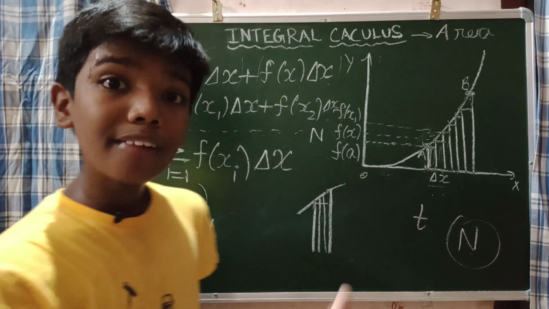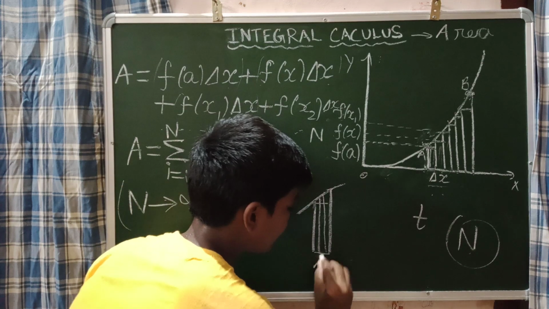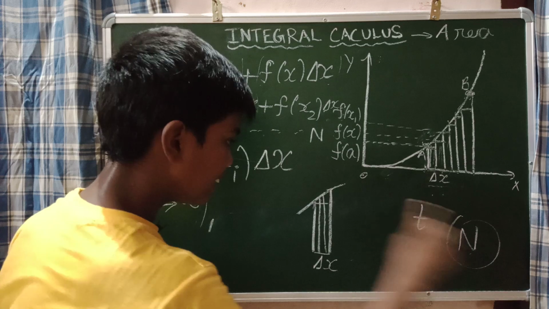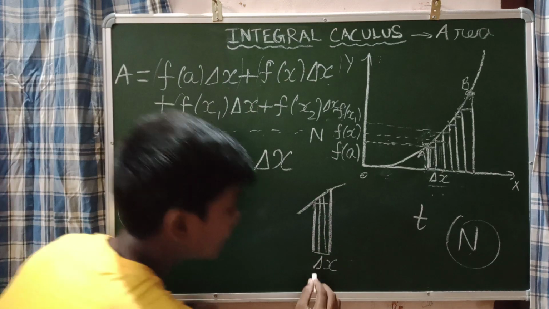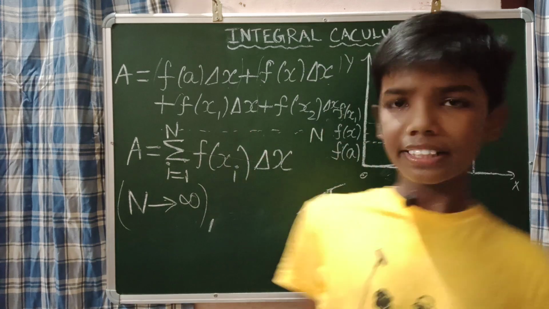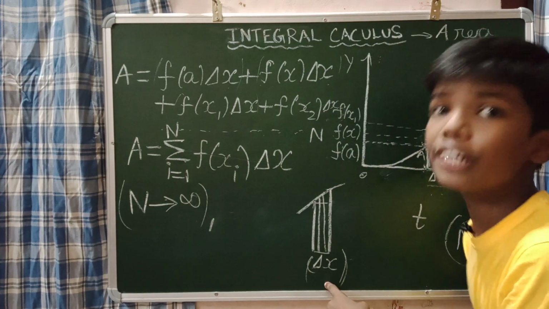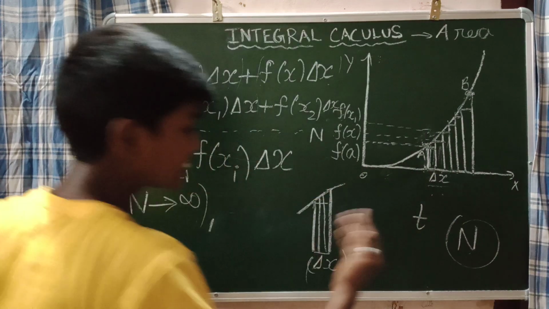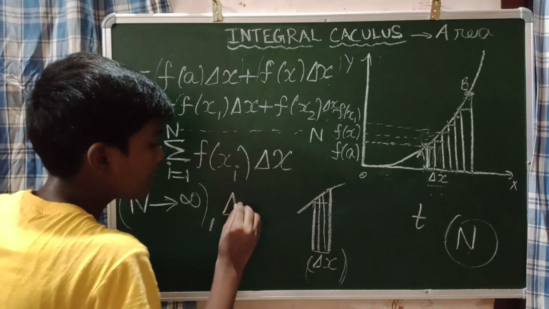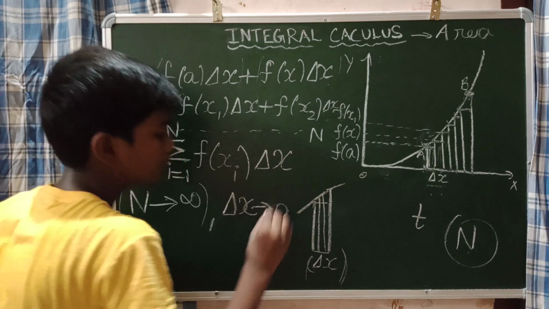But you can also understand this: this delta x will also decrease. When we increase the number of elements, this delta x is going to decrease. So when n tends to infinity, surely the delta x will tend to 0.